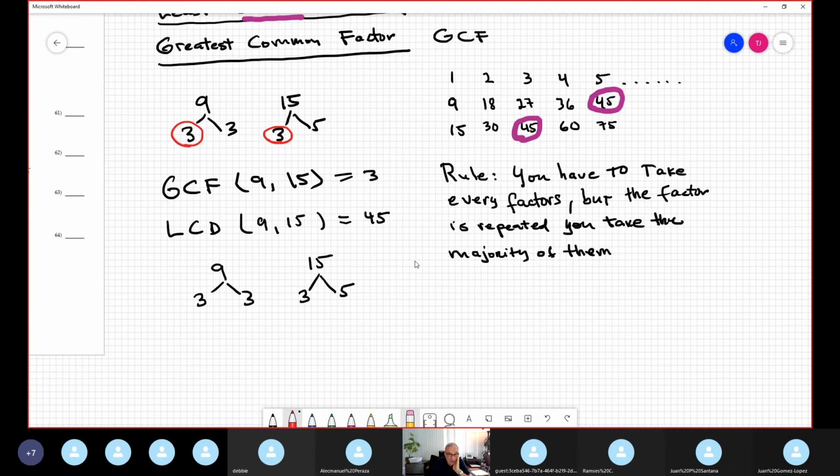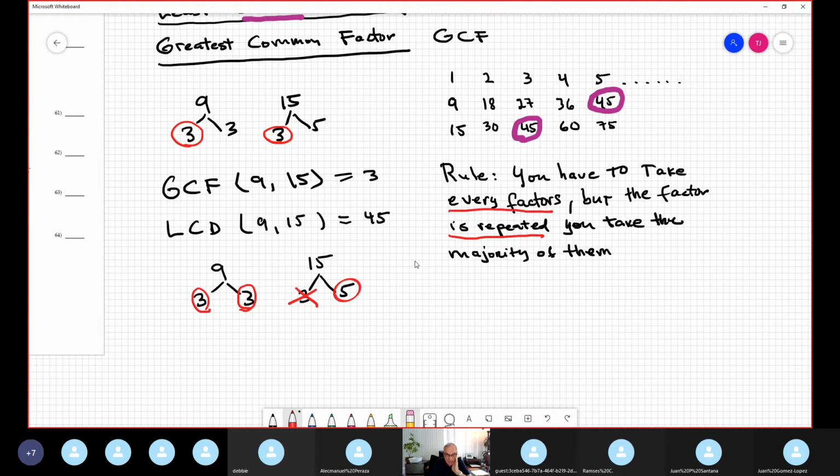The challenge is the factor gets repeated. 3 is repeated, 5 no. You take the majority. The majority is here, 3 times 3, this 3 no, and this 5. Because you have to take every factor, no omission.